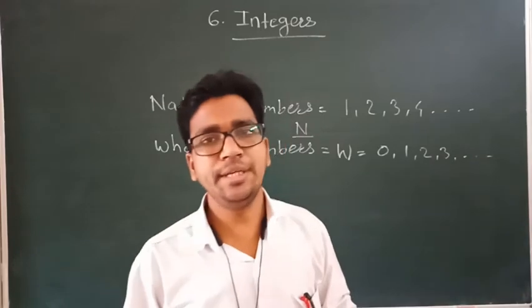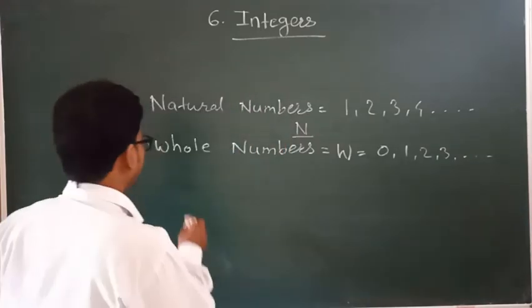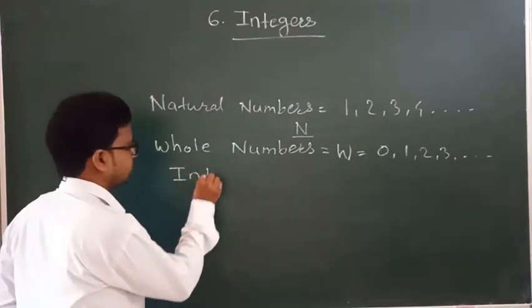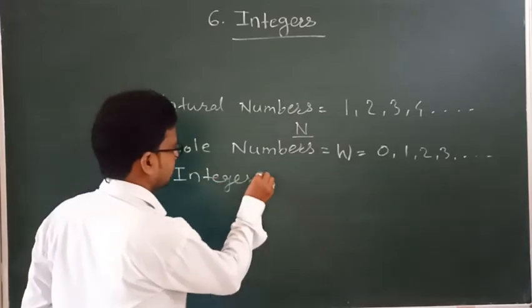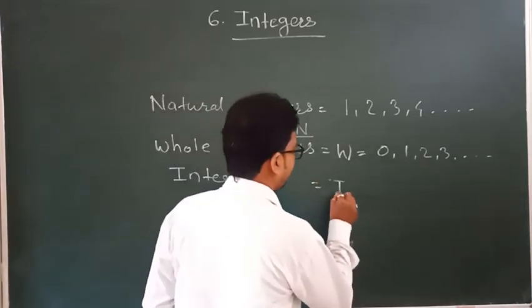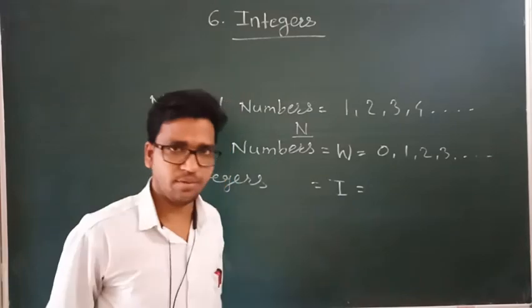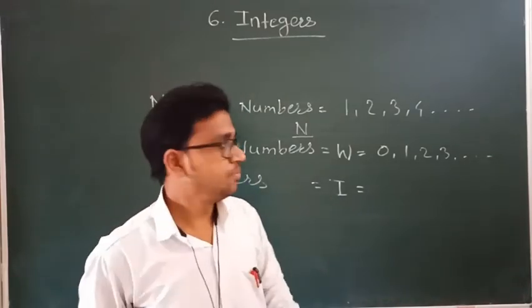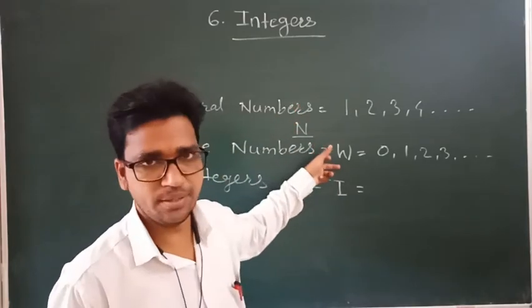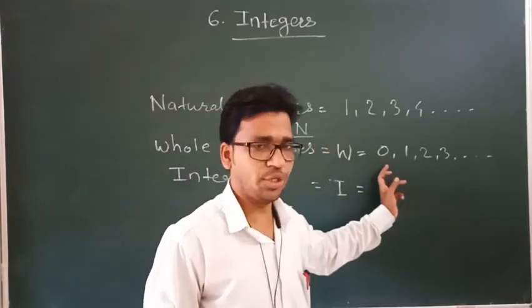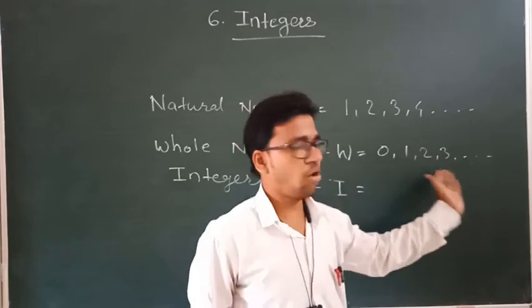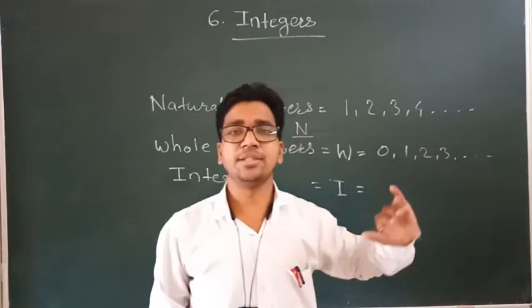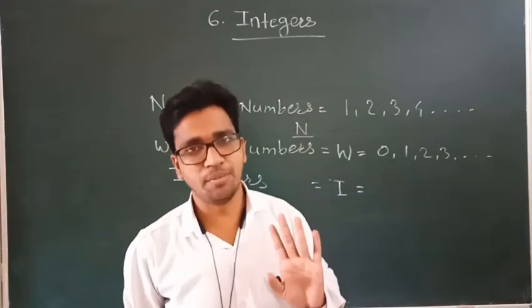Then what are the integers? Integers is denoted with the symbol I. Here, whole numbers means 0 and all positive numbers, and now including negative numbers.